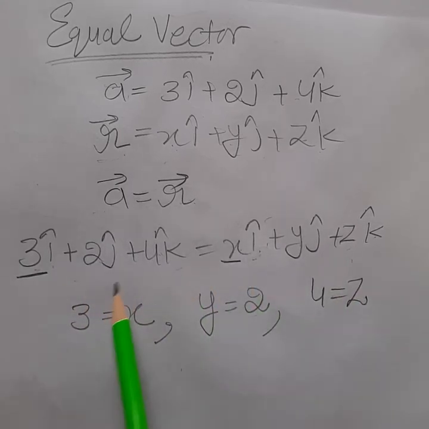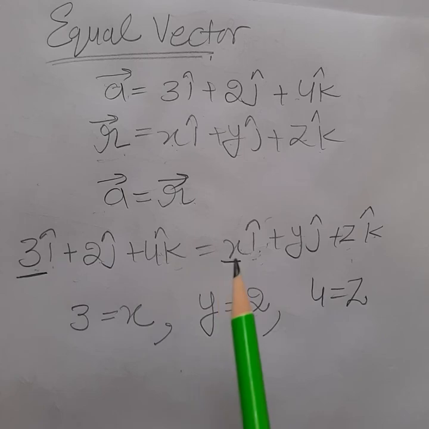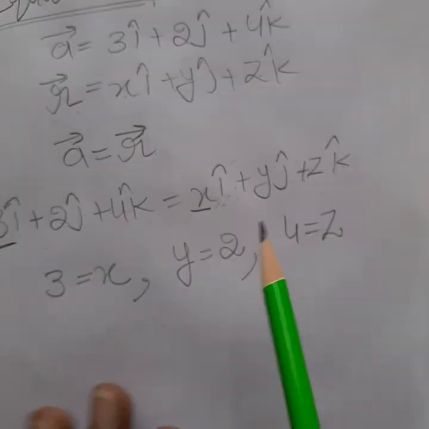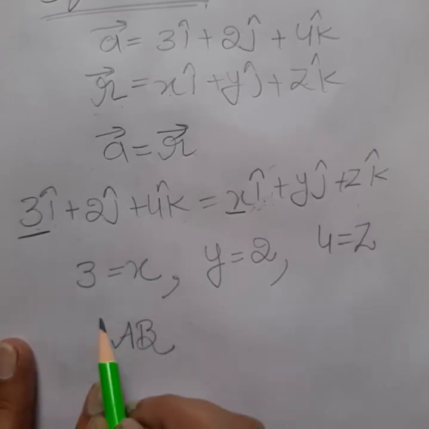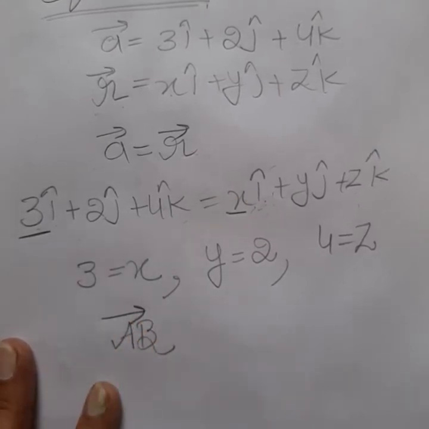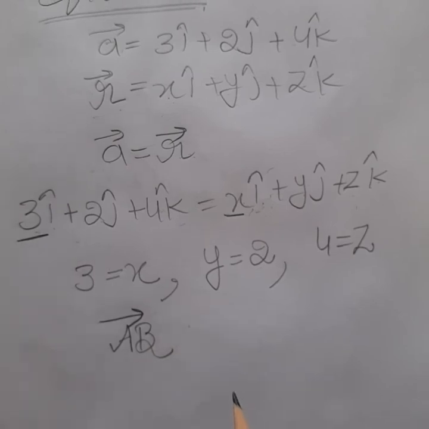So the vectors are equal in direction and magnitude also. This is the definition: both vectors are equal if the direction is the same and the magnitudes of the two vectors are equal. Then these vectors are called equal vectors.